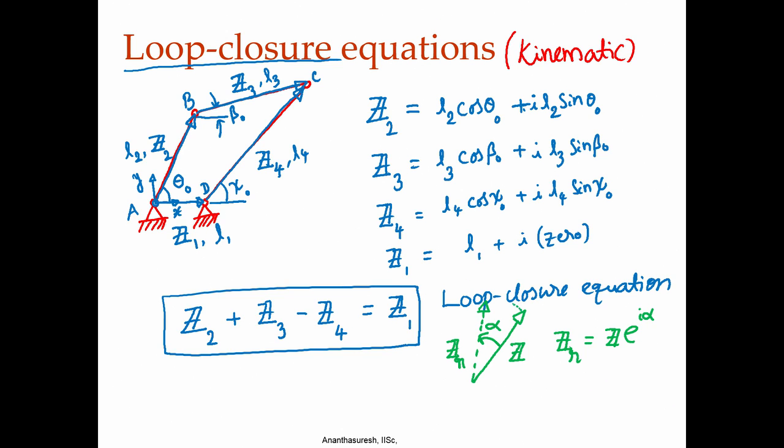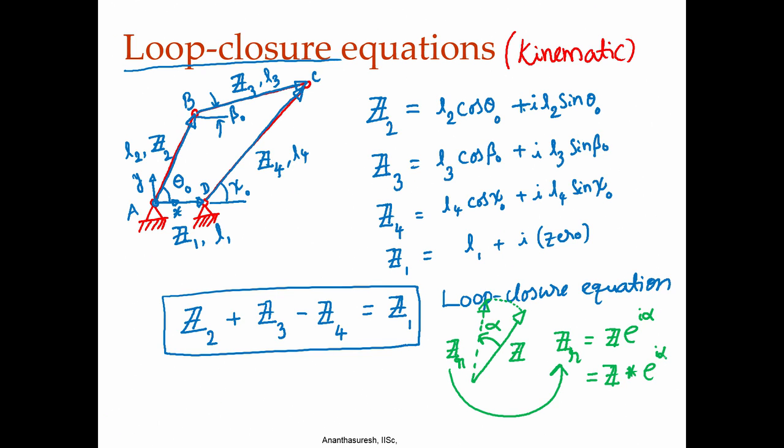So, when we have this z rotate by an angle alpha about z axis, the rotated complex number indicating that rotated vector can be simply given as z times e raised to I alpha. We follow the complex number multiplication rules here. So, z times e raised to I alpha.